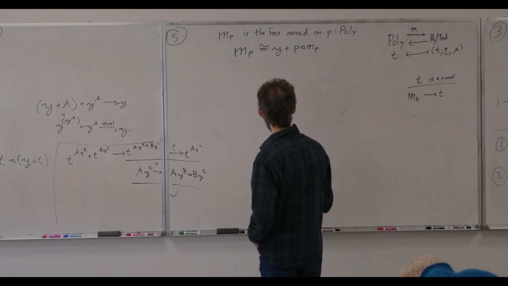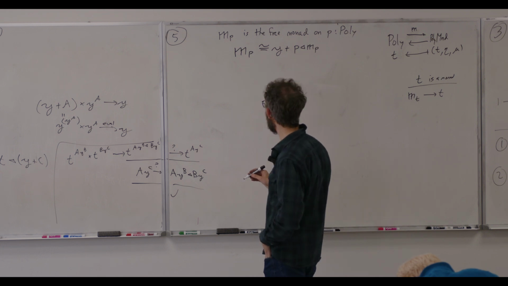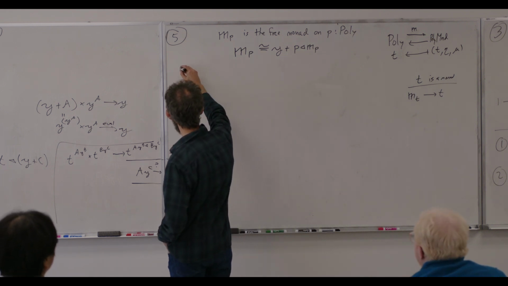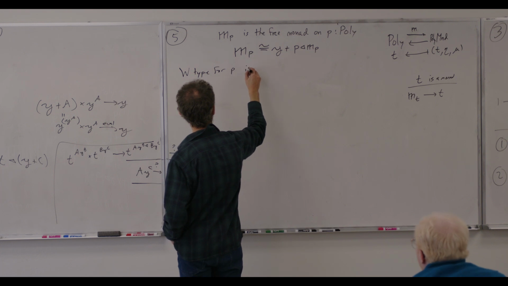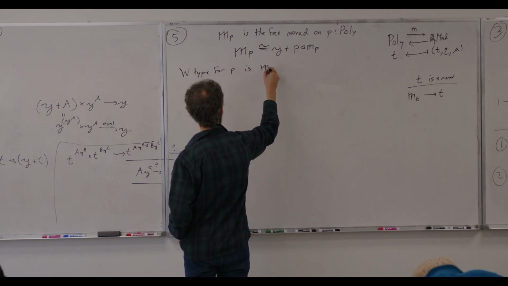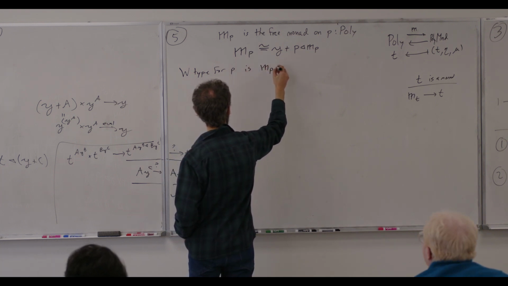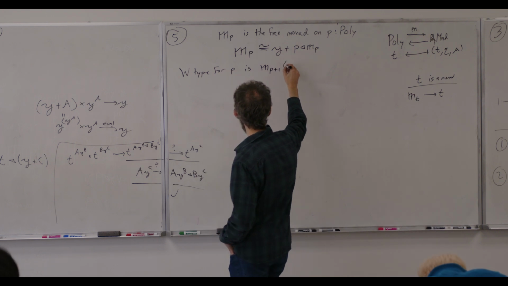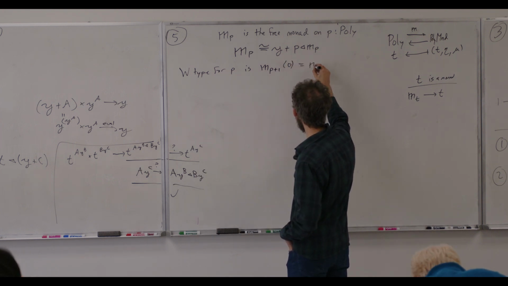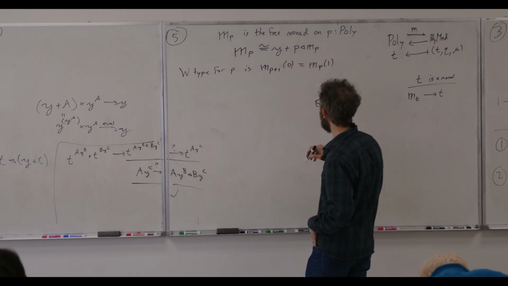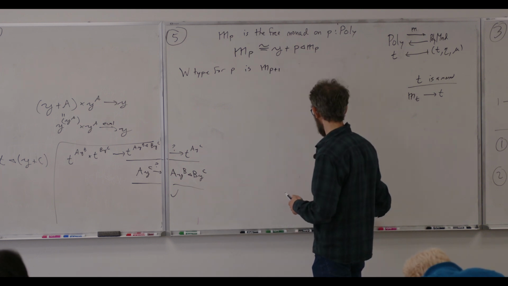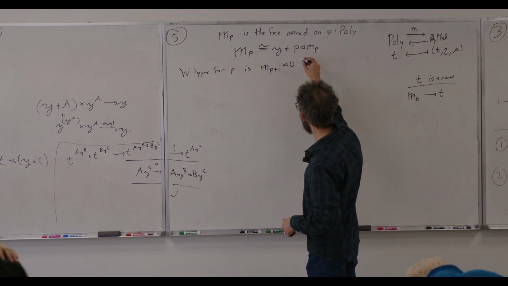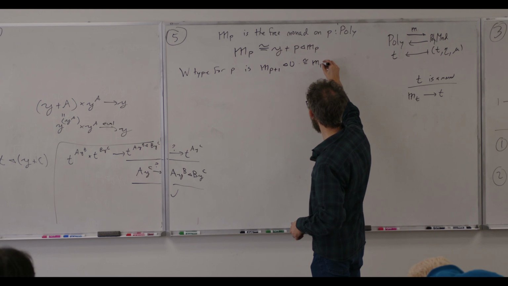But I want to tell you how to build it. He also talked about W types, and he said the W type for P is, I would say, M sub P. He said it's MP plus 1 of 0, or MP of 1. He didn't write it in those terms, but that's the sort of thing he was talking about yesterday in the colloquium.